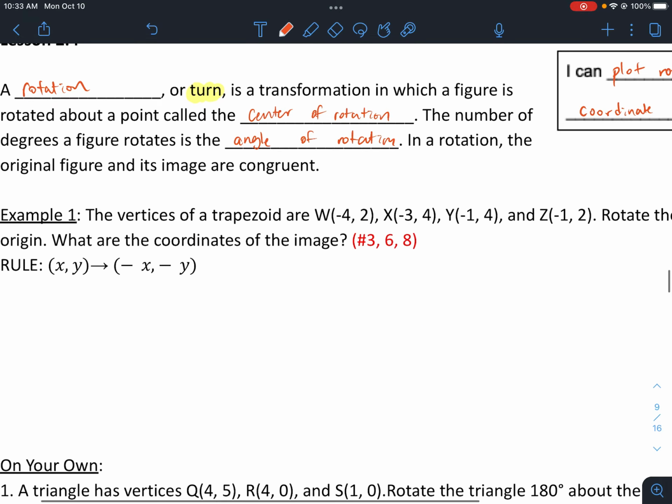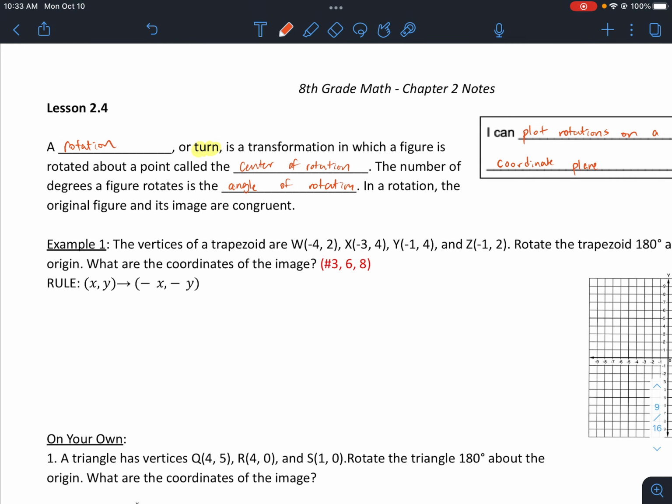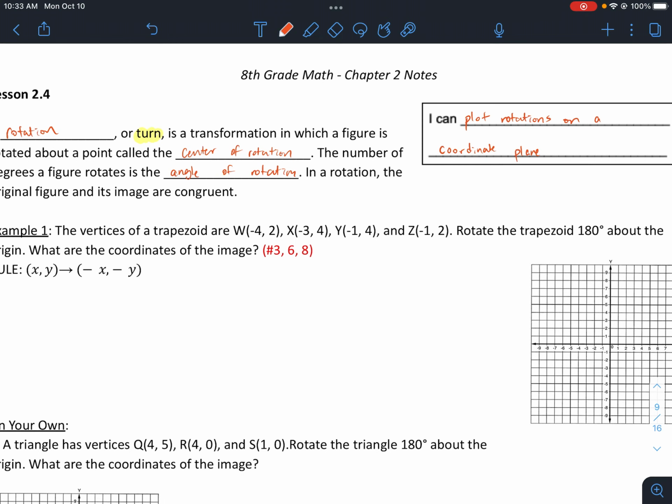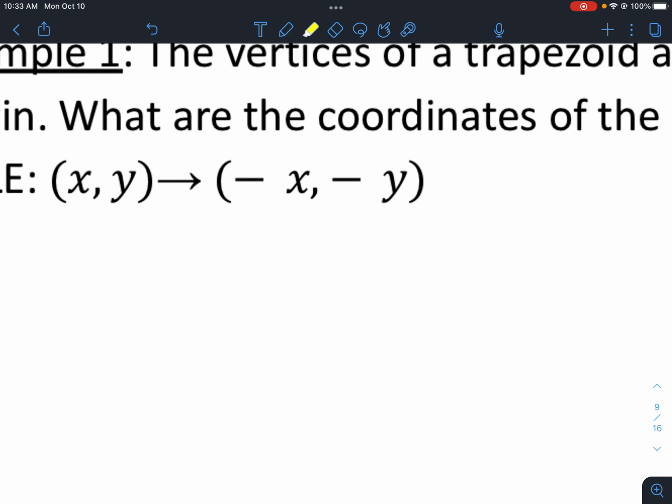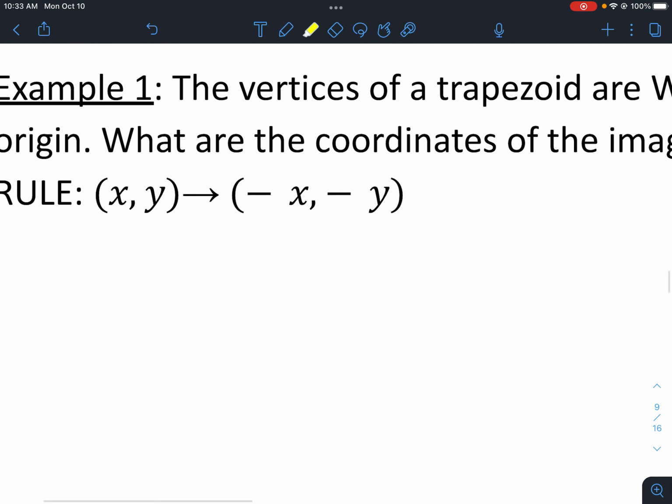Okay, so example 1, the vertices of a trapezoid are W, X, Y, and Z. Rotate the trapezoid 180 degrees about the origin. So here's the rule. (x, y) becomes (negative x, negative y) anytime you have a rotation of 180 degrees.